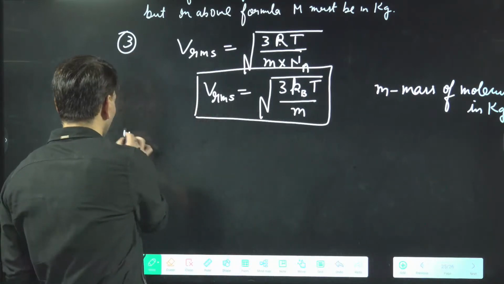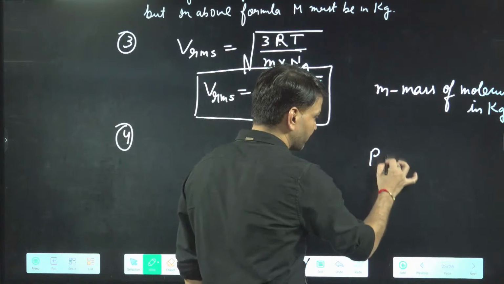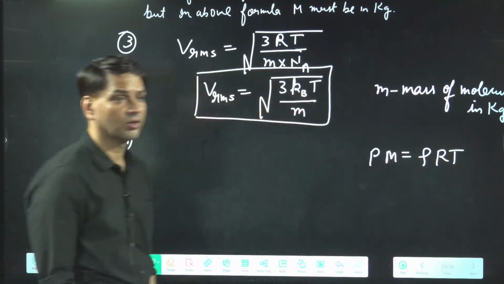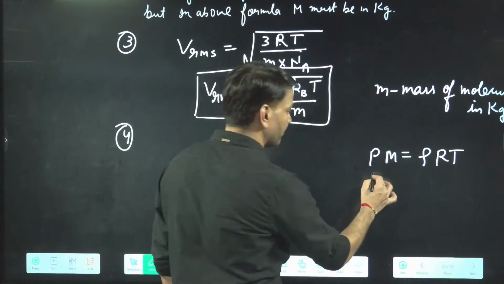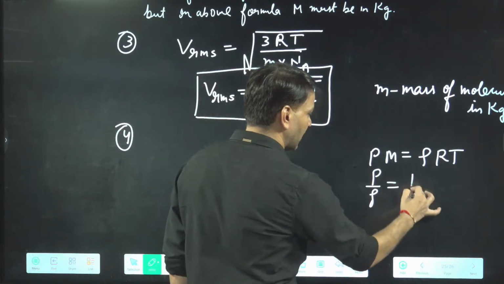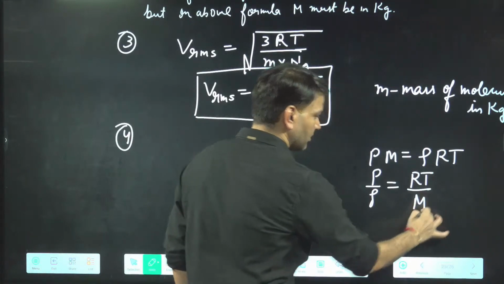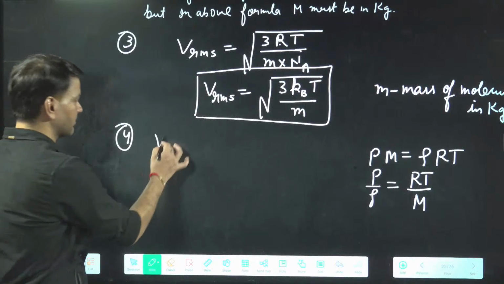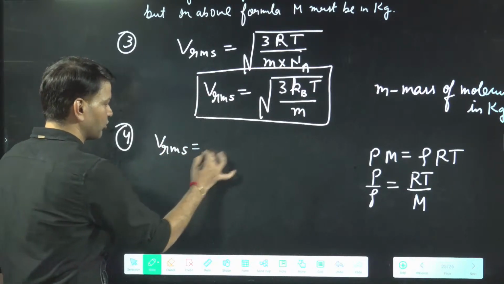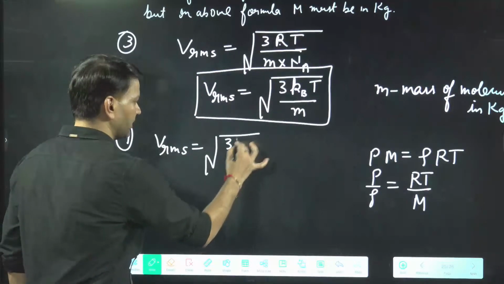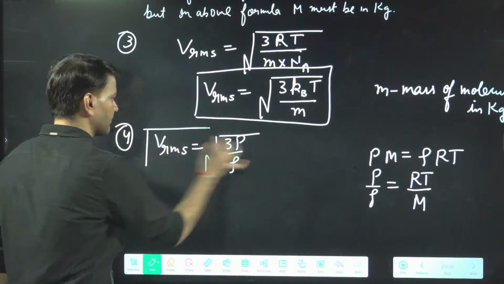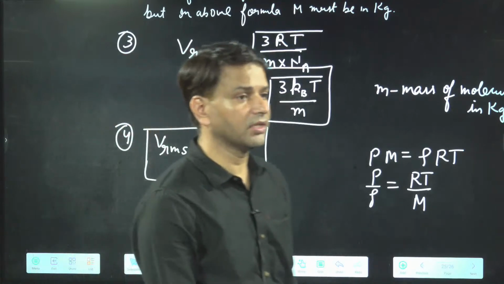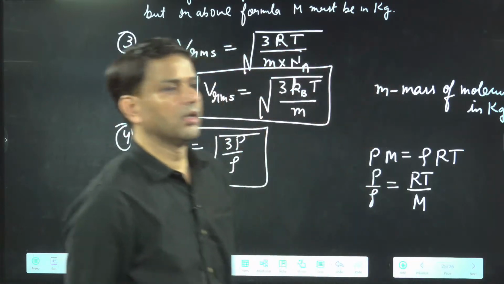From the ideal gas equation, PM is equal to rho RT. From this, P by rho is equal to RT by M. So RT by M we can replace by P by rho. So Vrms is under root of 3P by rho. P you have to put in Pascal and rho in kg per meter cubed.